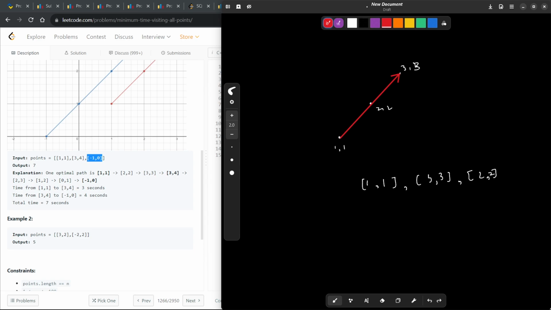But since 2 comma 2 is after 3 comma 3, then I'll have to come back from 3 comma 3 to 2 comma 2, right, like this. So this is what they are trying to say, that we can surpass it or we can traverse through it while going from one node to other, but if it is present after these elements in the list, then we'll have to come back to it, right? So this is the whole essence of the problem.